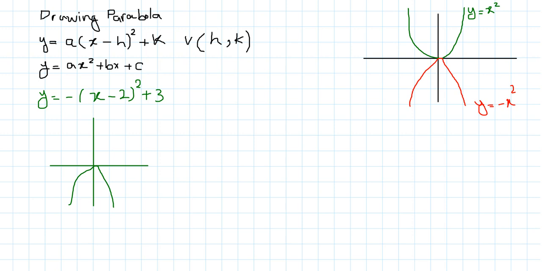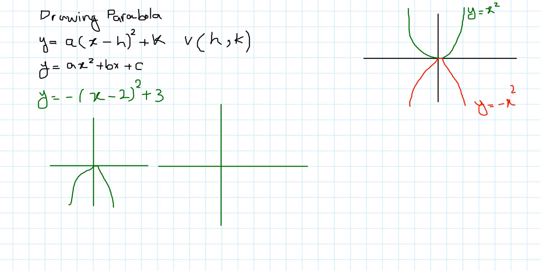Now if I want to draw it easily, I try to draw the minus x squared and shift 2 on the x-axis and after that 3 on the y-axis.